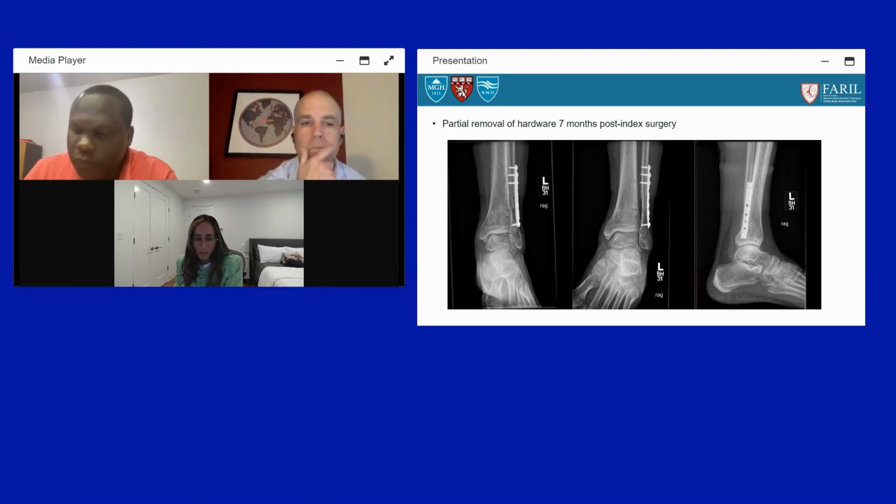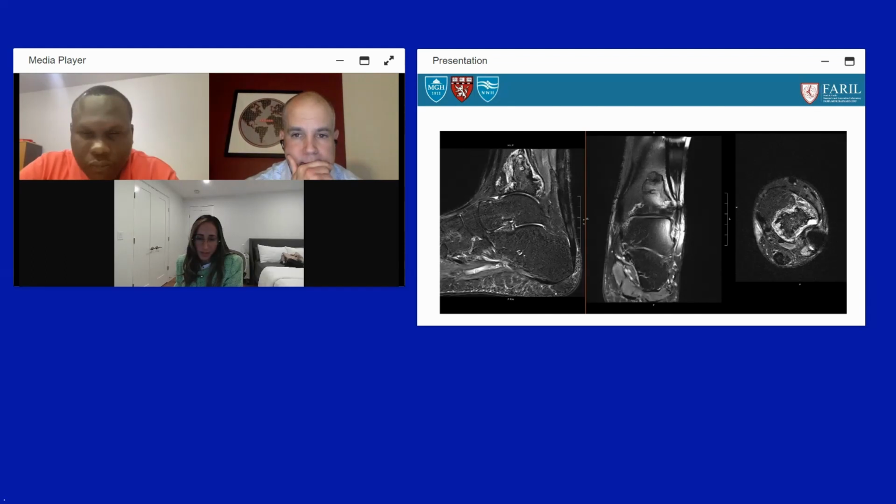Interestingly, he always complains about the pain, most over the lateral side in terms of the tibia and the lateral gutter. And given that he is not getting any better, I decided to take an MRI that shows osteonecrosis of the distal tibia. At this point, I offered the patient to undergo an ankle fusion.